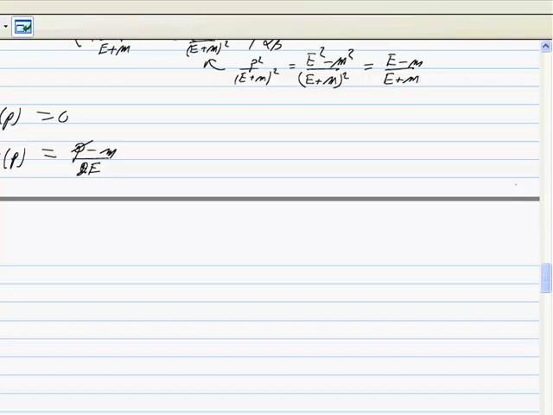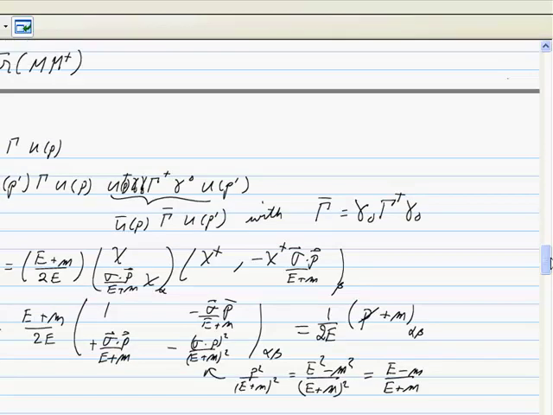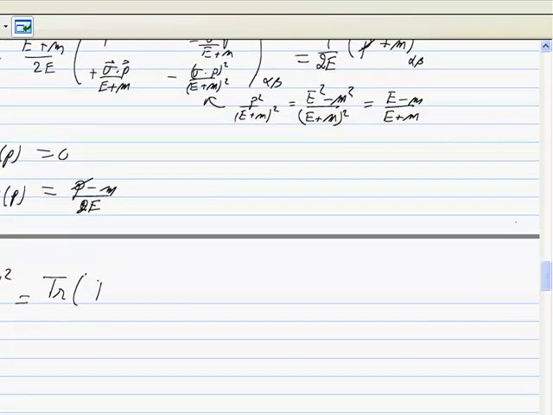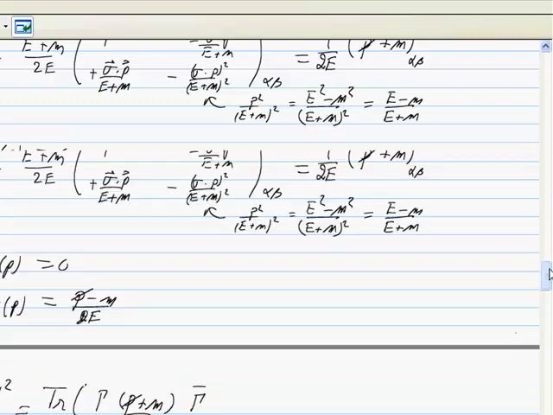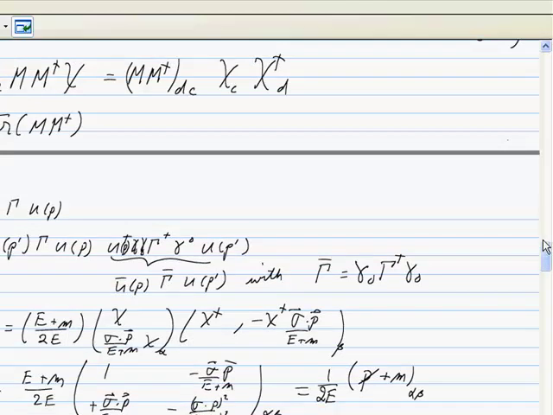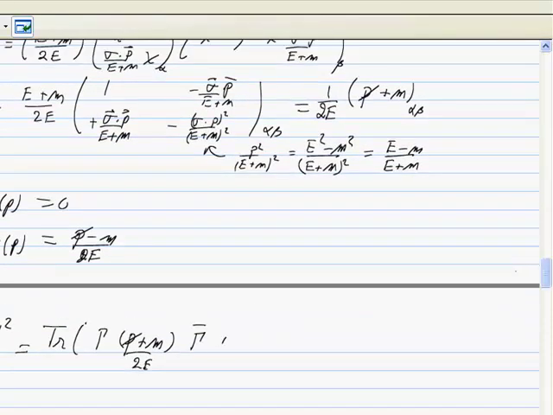So sum over spins and spin primes of m squared will be trace of, now let's start with the gamma matrix there, a gamma matrix, p slash plus m over 2e, gamma bar, which is the thing that sits right there, then p prime slash plus m over 2e prime, and you come back to the original indices, so that gives you the trace.